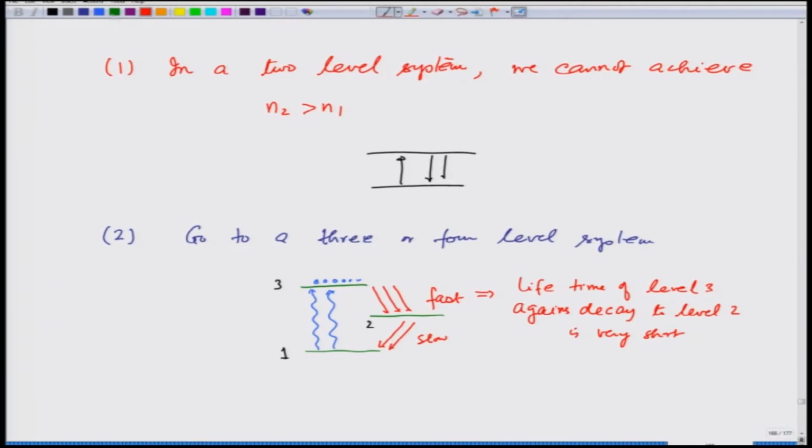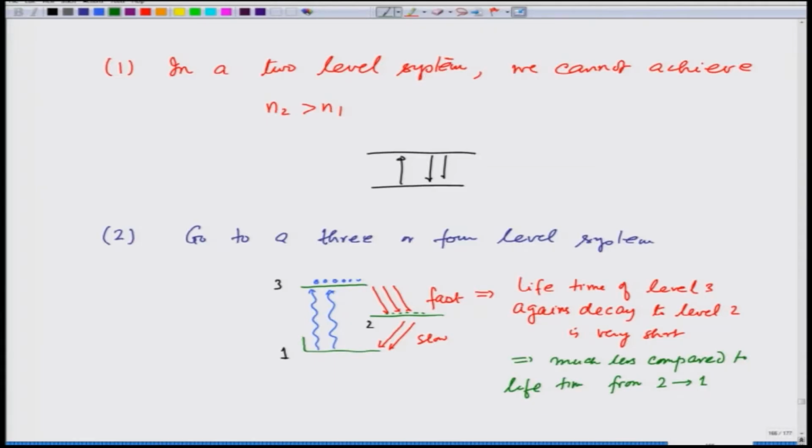So, that means it is much less compared to the lifetime from 2 to 1. As a result, what would happen? These atoms that go to the upper level immediately come down here.